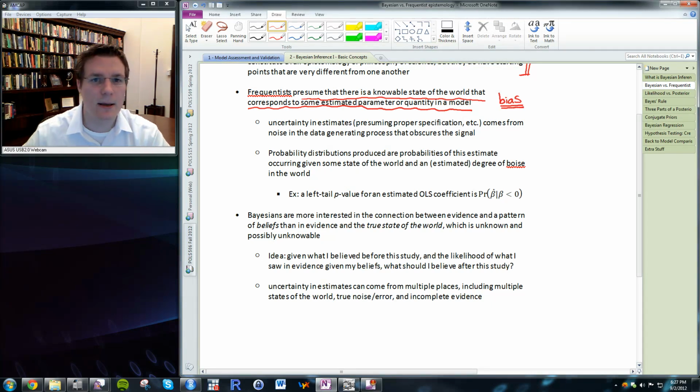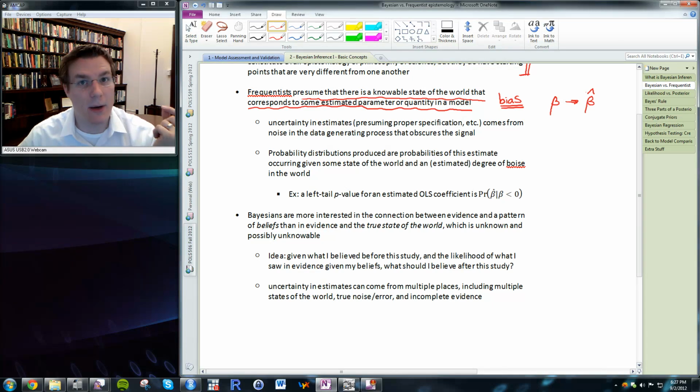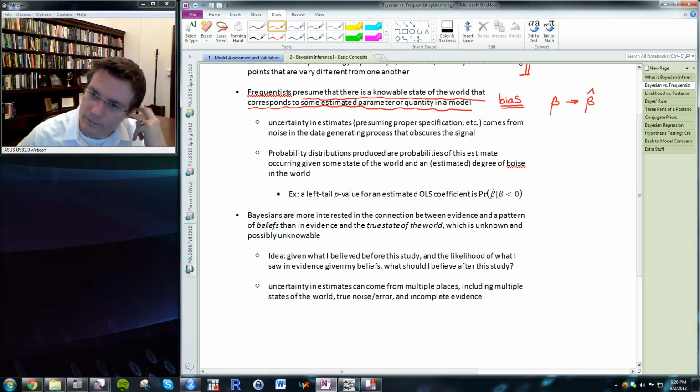We are going after an estimate of some quantity, like, for example, a beta in an ordinary least squares regression model. We're going to estimate that beta using a model and get a beta hat. And it's really important to a frequentist that beta hat be an unbiased measure of beta, in other words, that on average it yield correct estimates of beta.